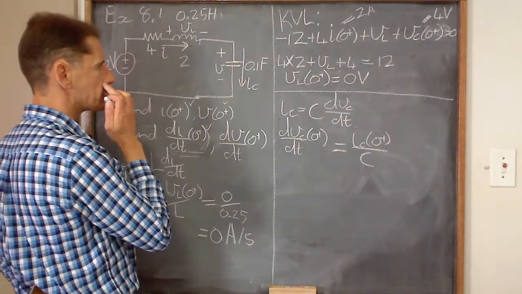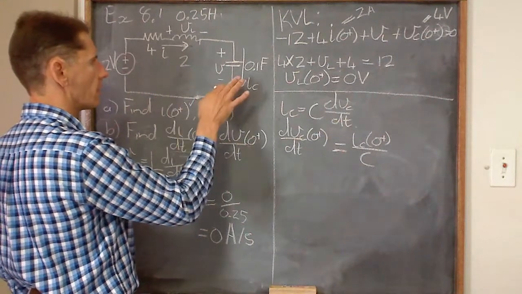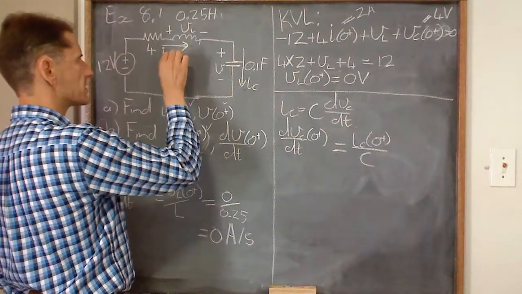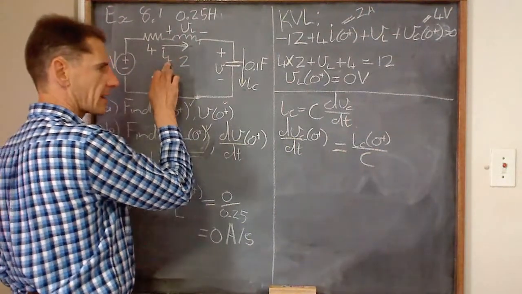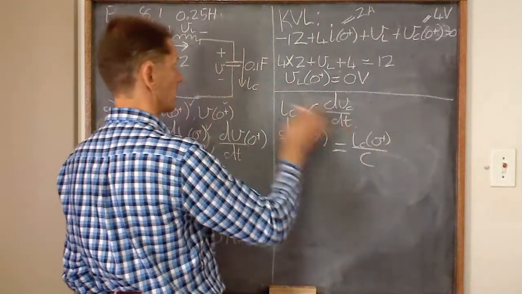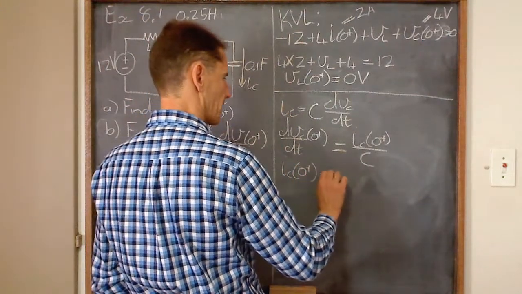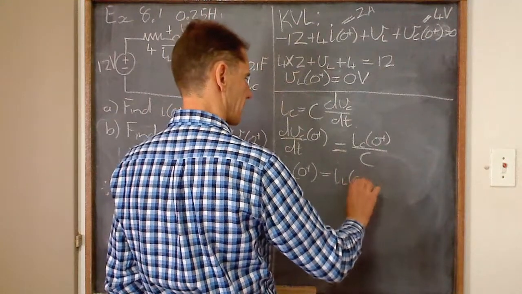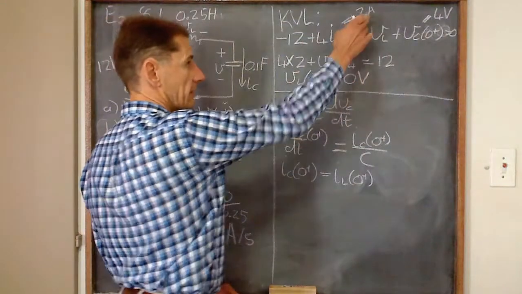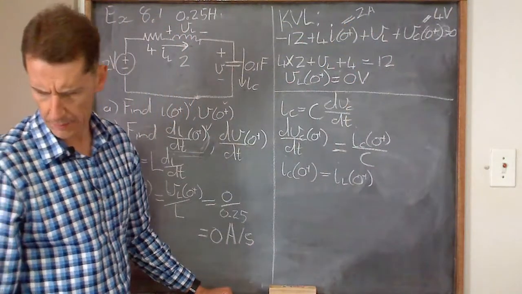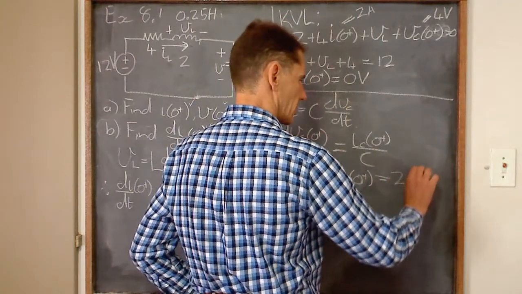Now you need to notice that, wait a minute, everything here is connected in series. So the capacitor current must always be the same as the inductor current. So if I can find the inductor current at time 0 plus, I know the capacitor current. In other words, IC at time 0 plus must equal IL at time 0 plus. And that we actually calculated in the very first part, and we saw that it was 2 amps. So that comes from the first bit, so we know that is 2 amps.